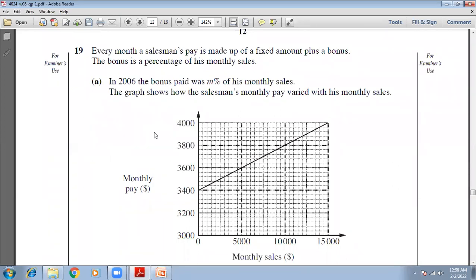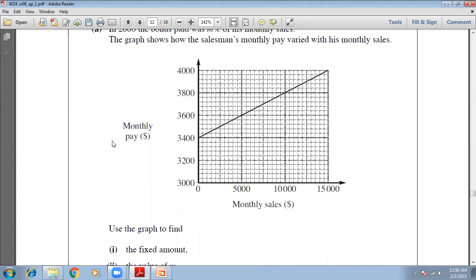Every month, a salesman's pay is made up of a fixed amount plus a bonus. The bonus is a percentage of his monthly sales. In 2006, the bonus paid was M% of his monthly sales. The graph shows how the salesman's monthly pay varied with his monthly sales.